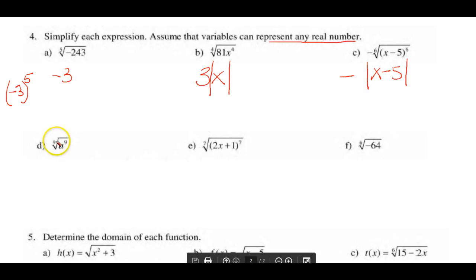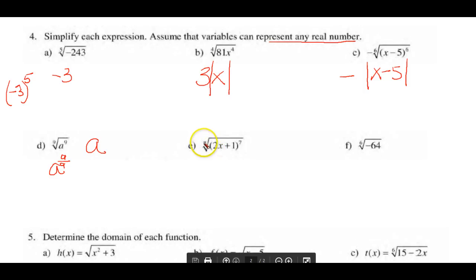Now, odd index numbers, we don't have to do that. This just becomes A. Because we're going to find in our next section that another way to represent that is to take the index number and put it as our denominator here. And that's a to the first, which is A. Now again, 7 divided by 7 is 1.